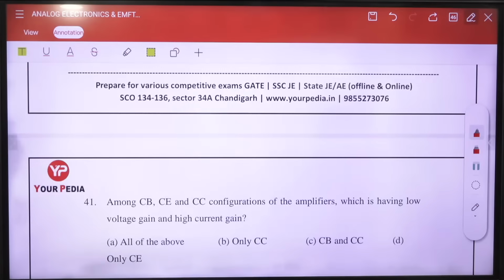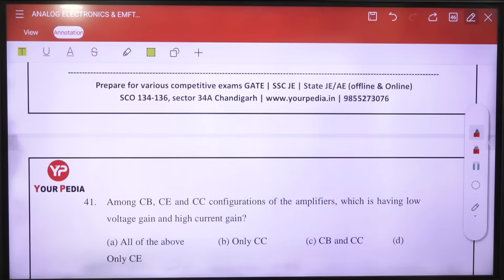Basically, your common base configuration has high voltage gain and low current gain; its current gain is less than unity. Common emitter has medium voltage gain but very high current gain. Common collector has low voltage gain and high current gain.